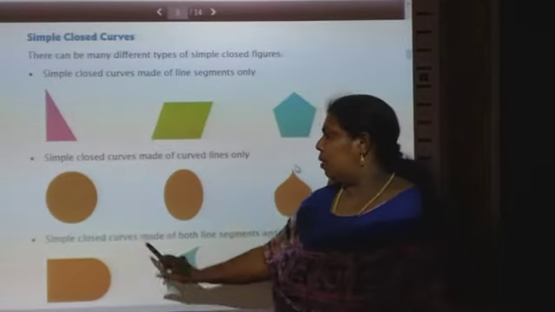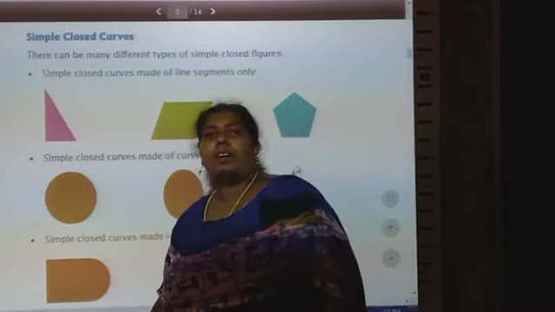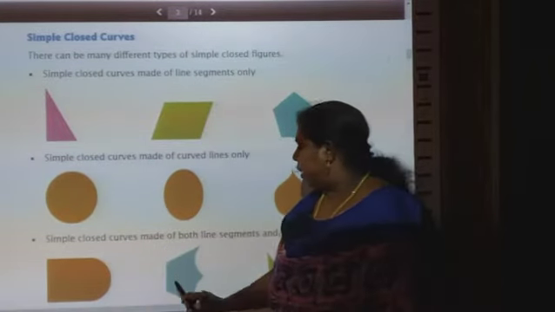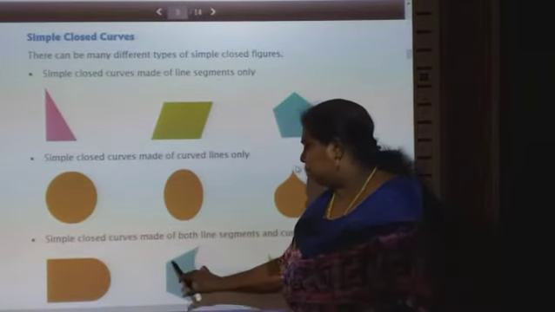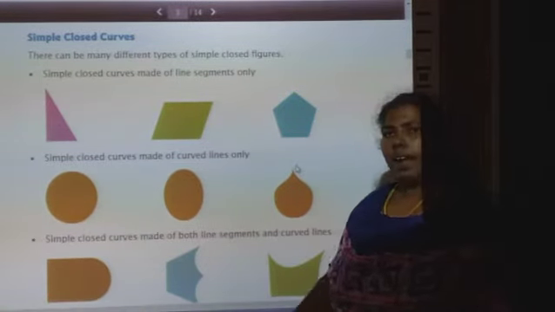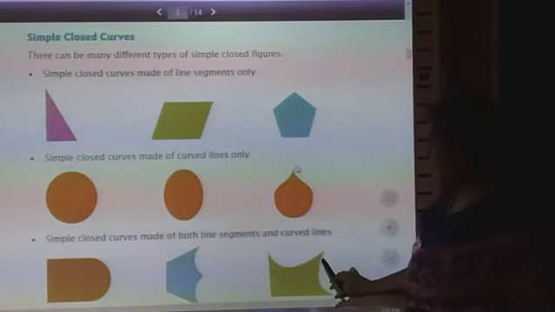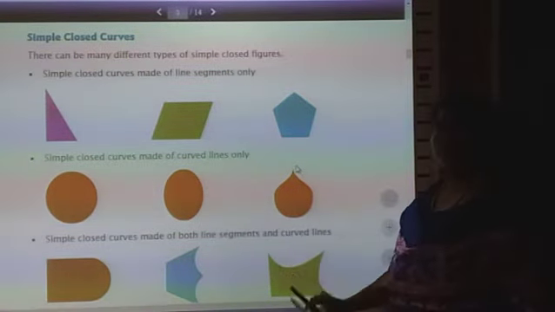Here you can see both. This is a line segment, here also, but here closed curves, right? Here you can see line segments, 1, 2, 3 line segments. Then this is closed curved lines. Here line segment, this is curved lines. Understand?